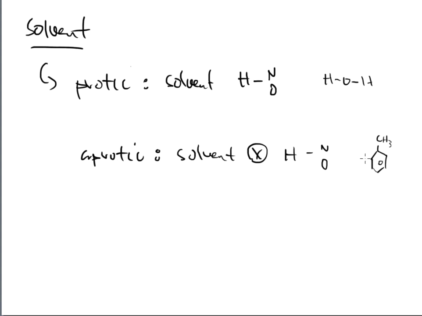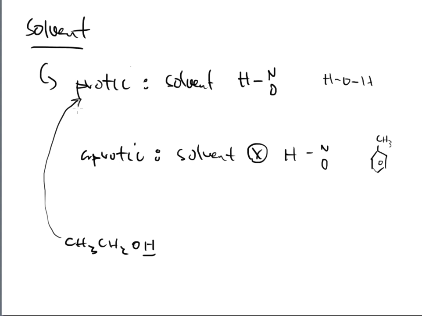All right, well, what about another common solvent that we use in the lab, like ethanol, CH3CH2OH? Is that protic or aprotic? Well, hopefully you're going to look at this and go, ding, ding, ding. Look at that. There's a hydrogen on an O. It is a hydrogen bond. So because of that, this is going to be classified as a protic solvent. That's how we work these.